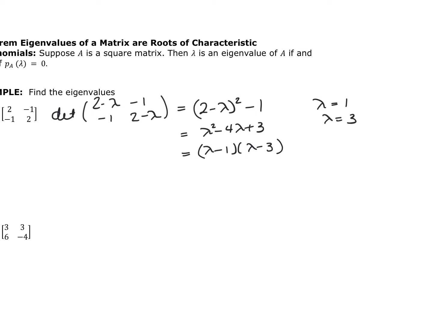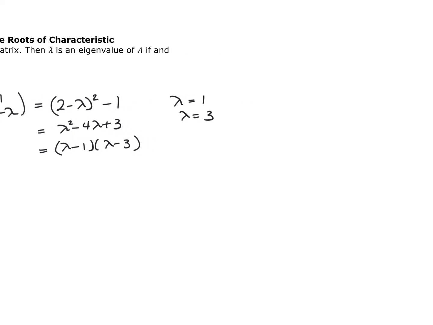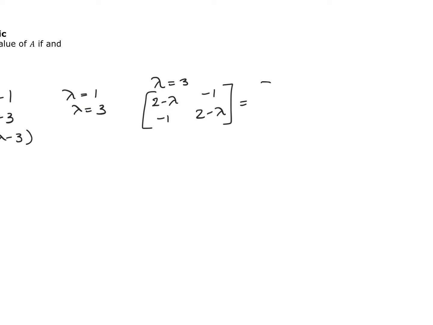Now, it didn't ask for the eigenvectors, but I'm going to go through how to find them. We found the eigenvalues. Now let's find the eigenvectors. Starting with lambda equal to 3, we know that 2 minus lambda, negative 1, negative 1, and 2 minus lambda is going to be equal to, using that 3, negative 1, negative 1, negative 1, and negative 1.